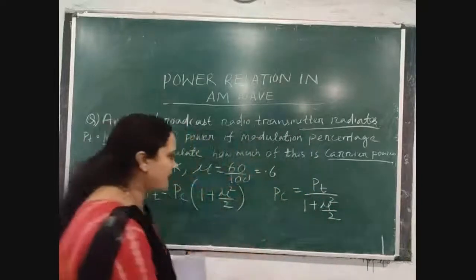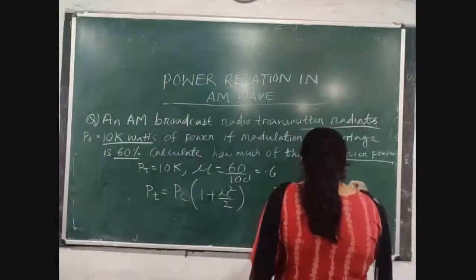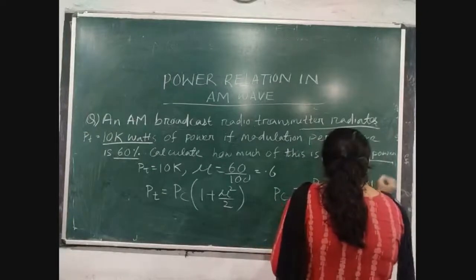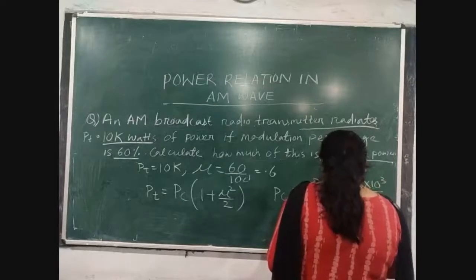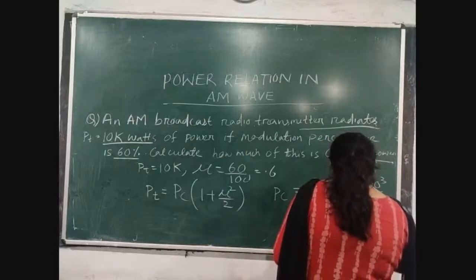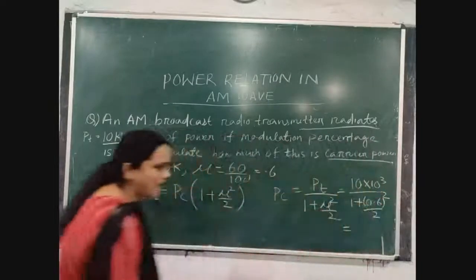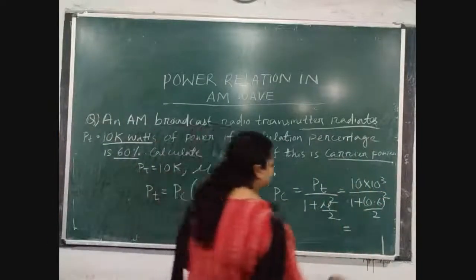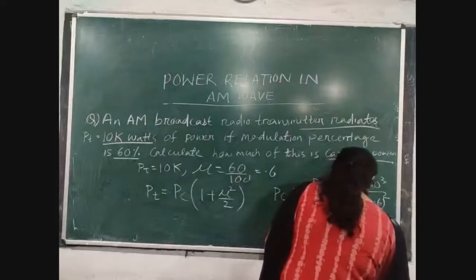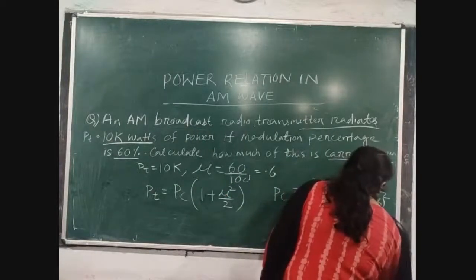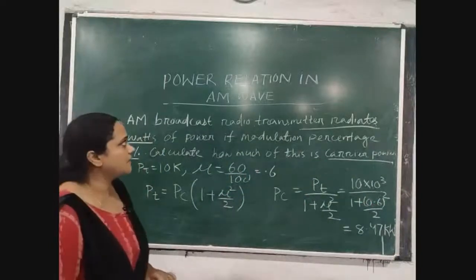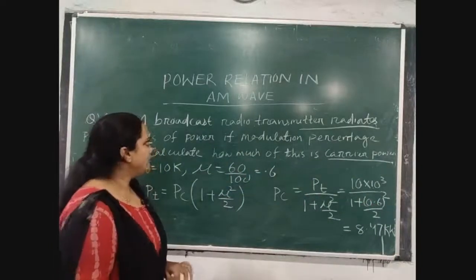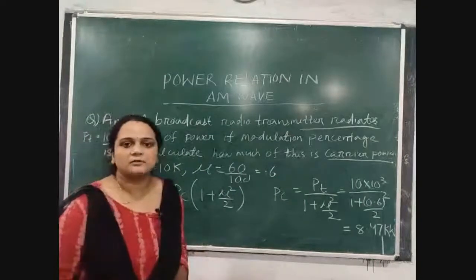Then we put the values, that is 10 into 10 to the power 3 by 1 plus 0.6 square by 2, right? After solving this we get 8.47 kilowatt.